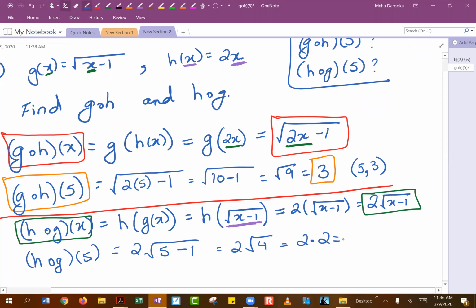So as an ordered pair, very good. We started out with this, and this is the answer you get. The order of your composition is very, very important.